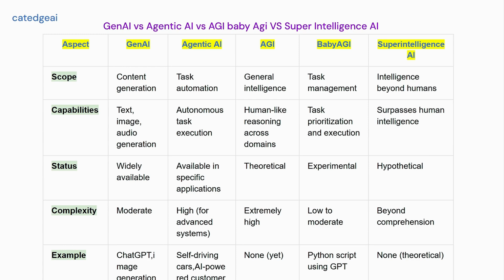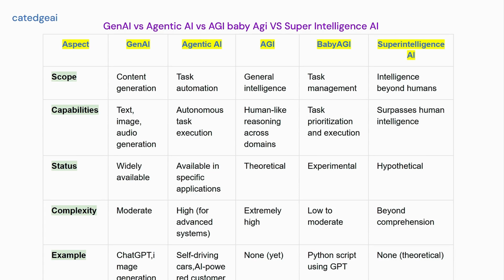And coming to agentic AI, this is like task automation, autonomous task execution. For this you can keep two or more AI agents, those are Gen AI agents, and connect them, and we can perform some autonomous tasks.